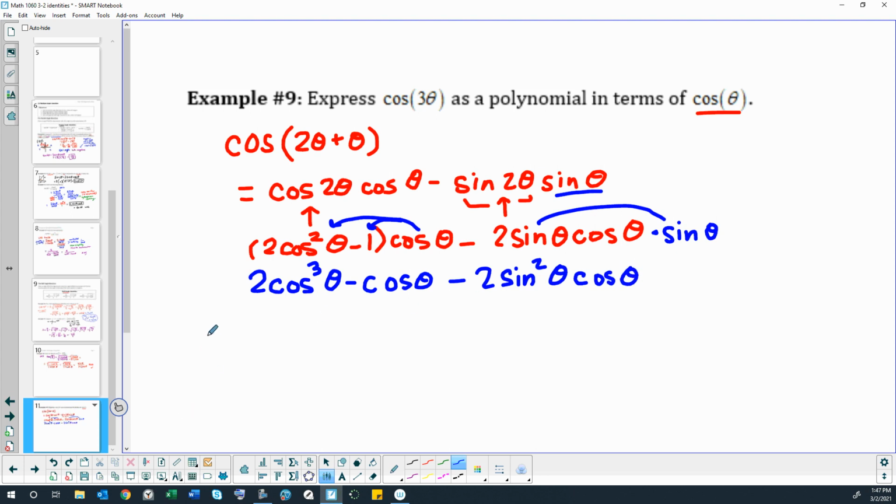We might feel like we've come to the end of this problem, but not really, because we are trying to just get this in terms of cosine. We have this sine getting in the way of that. But fortunately, the sine squared can be replaced by 1 minus cosine squared.